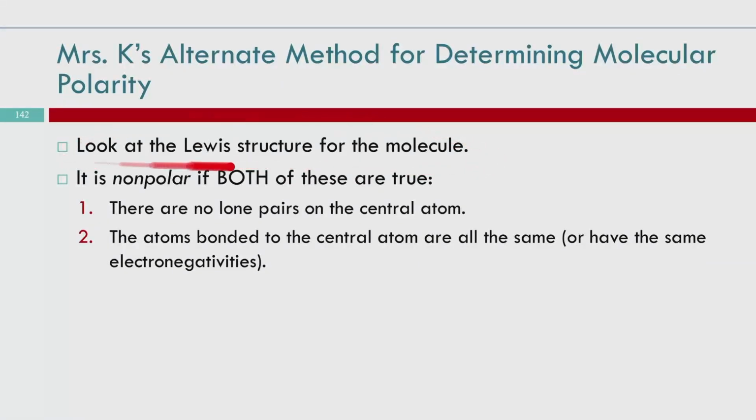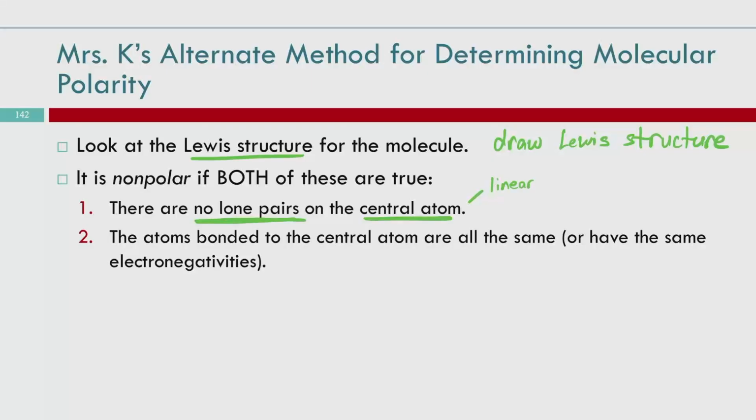So the first thing we need to do for this method is look at the Lewis structure. We have to come up with the correct Lewis structure. So we draw the Lewis structure. It will be nonpolar if both of these things are true. Our first check: no lone pairs on the central atom. What this means is our shape will be either linear, trigonal planar, or tetrahedral.